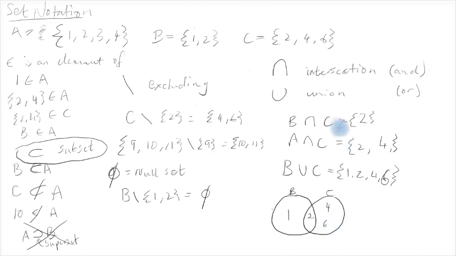So you can see the intersection is this middle part here, and the union is the whole thing. So there we go, there's set notation for you.